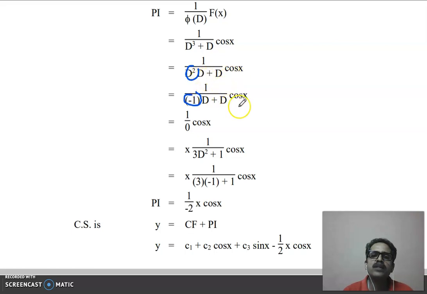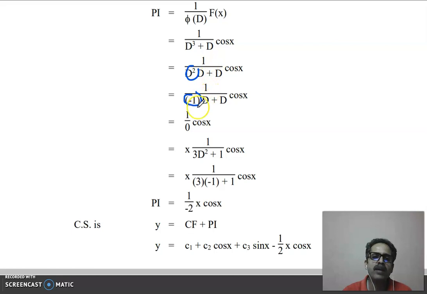Keep D and constant terms as they are. You can see that between D square and D there is a multiplication. So when you replace D square by minus 1, then also between minus 1 and D there is a multiplication. So the first term in the denominator became plus D, and this minus D, and second term is plus D.